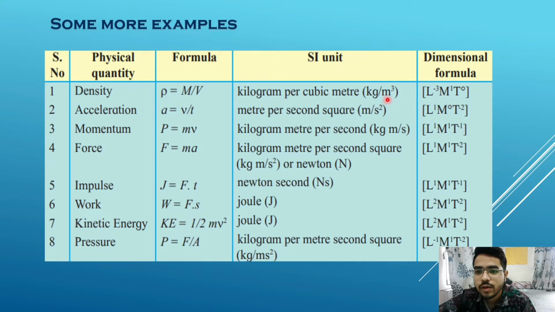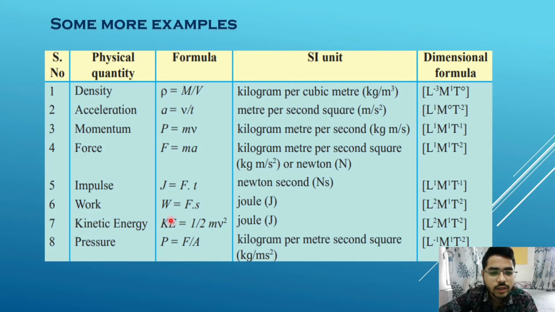This m raised to minus 3 is L raised to minus 3, as this is length, so we take it as L. And kg has the dimension M as it is a mass quantity, so it will be M raised to 1. And here there is no sign of seconds, that is time, so it is raised to 0.